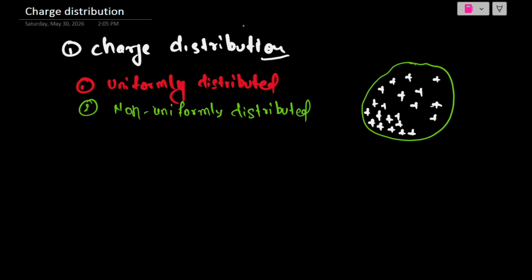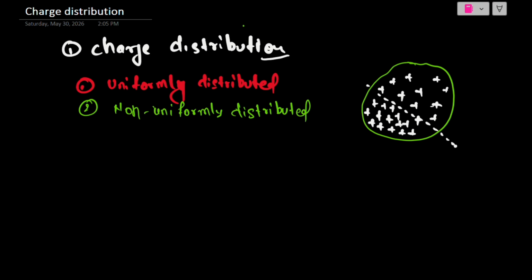Now we can definitely say that the charge is distributed everywhere, but in certain regions, let's say in this region on the left side, the charge is more densely distributed, and in the right side area, or maybe the upper area, the charge is less densely distributed. So uniformly distributed basically means the charge is distributed everywhere homogeneously, or else heterogeneously.